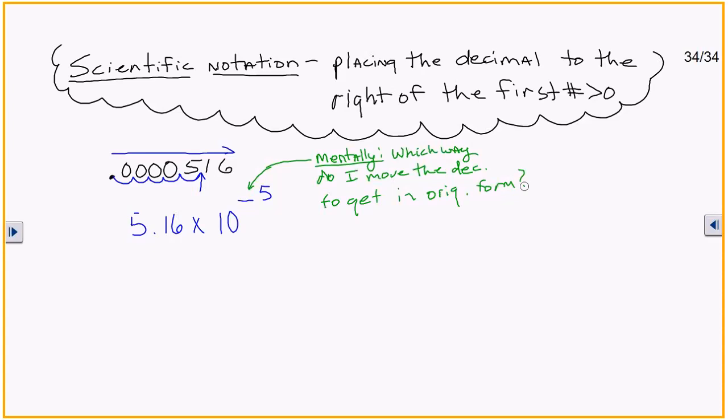Now here is the original form. Which way do I move this decimal in my head to get it back to the original form? To the left. So left is negative.